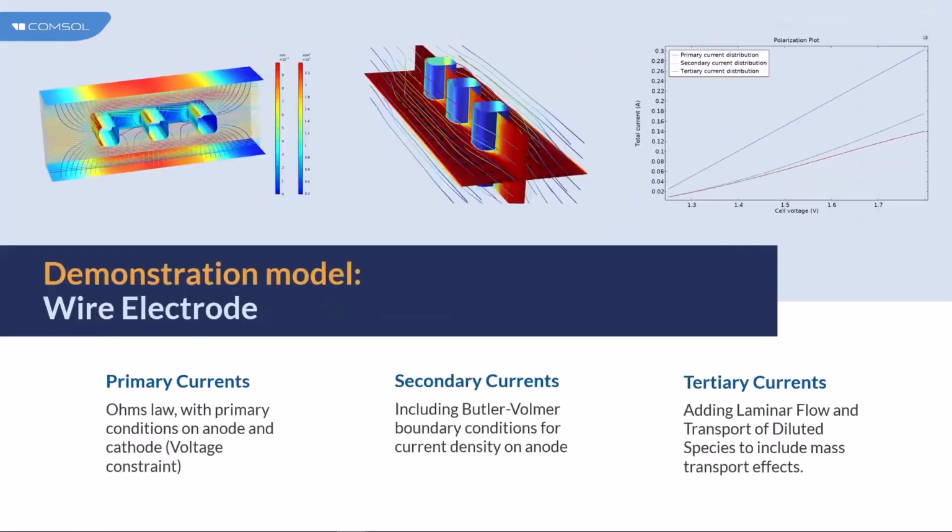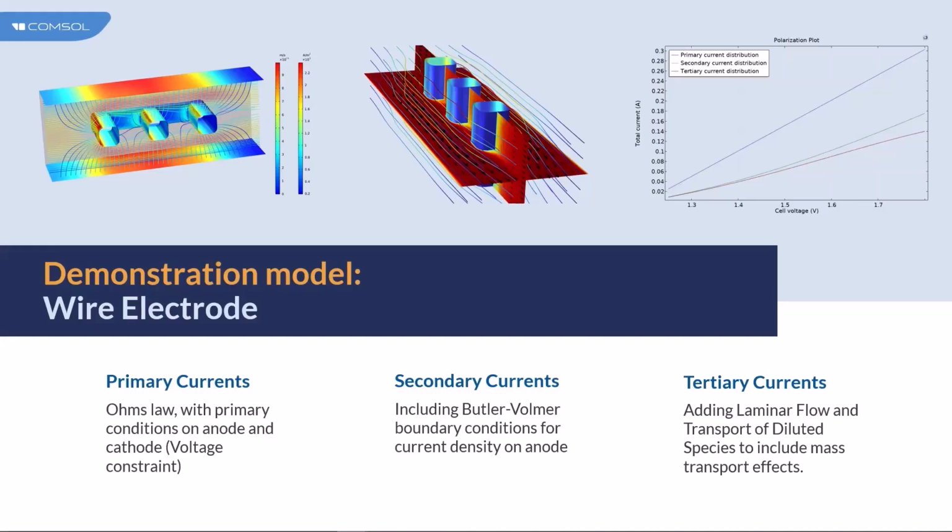I will now demonstrate a model called the wire electrode, and you can see it above. There is an anode in the middle, and there are two plate cathodes on the outside, and they support current to the anode. So first we start with primary currents for Ohm's law with primary conditions on the anode and cathode.